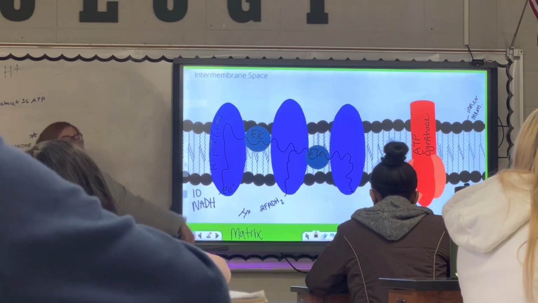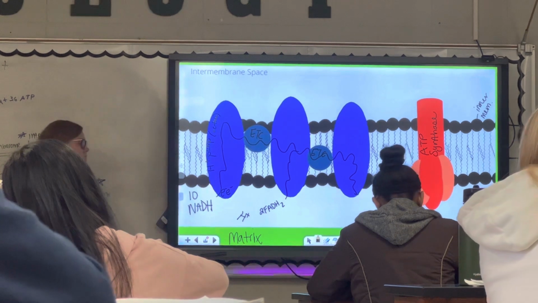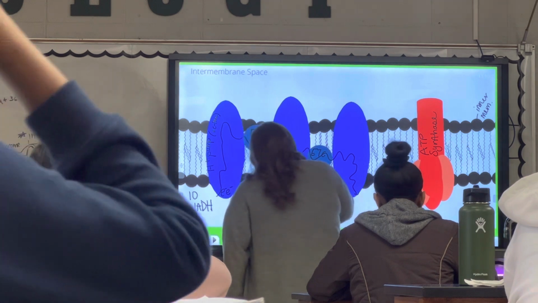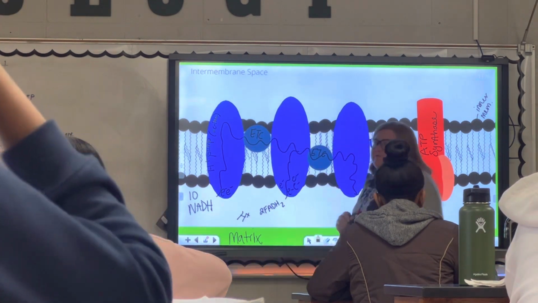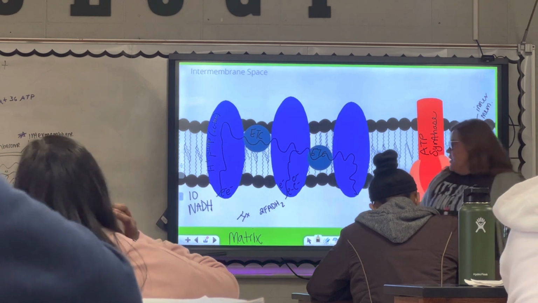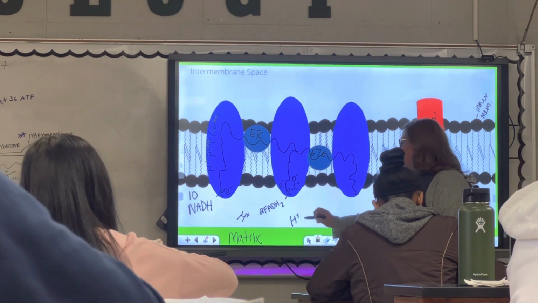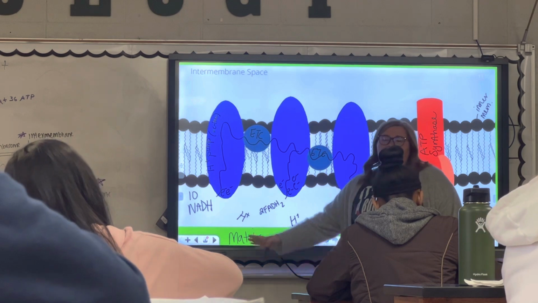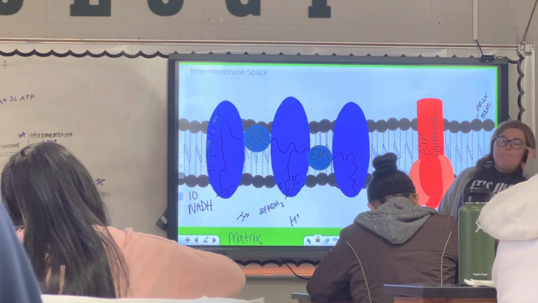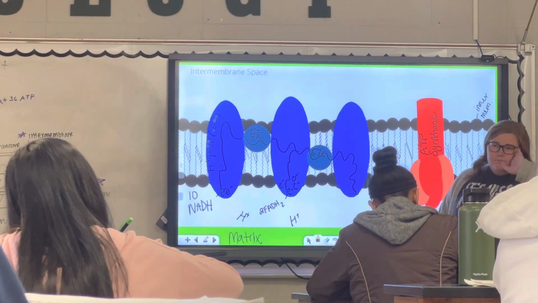So there's going to be 10 hydrogens to get dropped off. FADH2, when it drops off its electrons, how many hydrogens did we say each one had? 2. So it's going to drop off all those. We're going to have some hydrogens in the matrix, but they're going to get immediately pumped across.